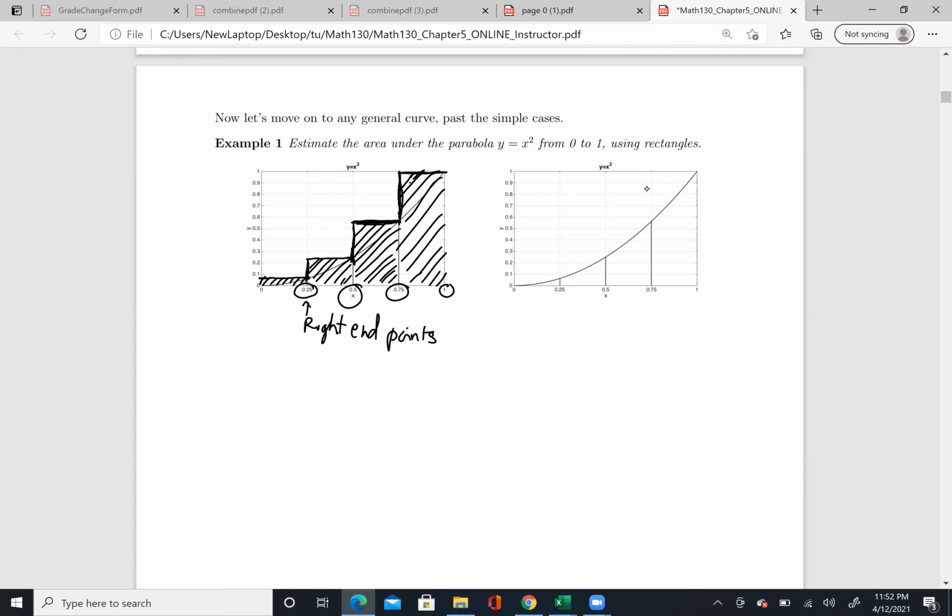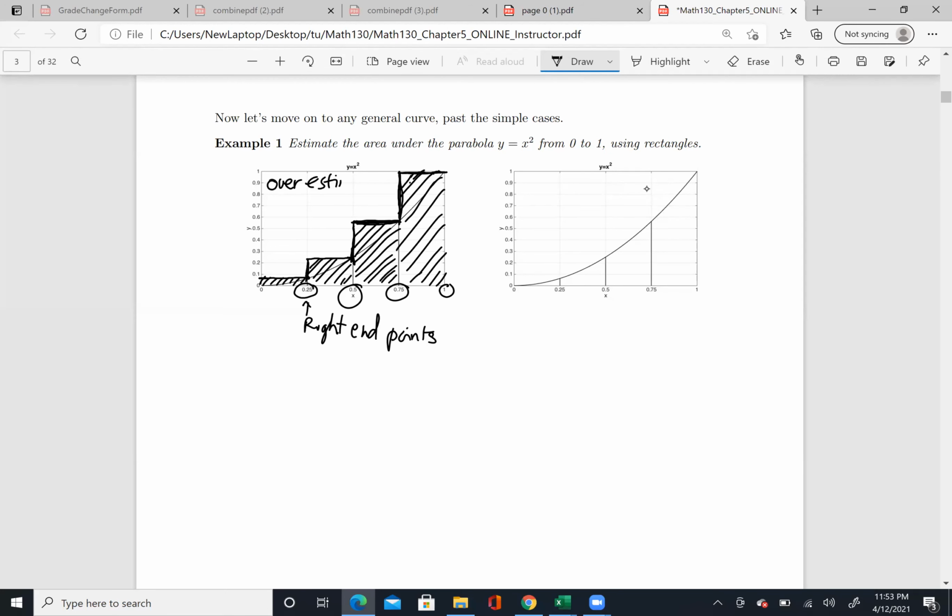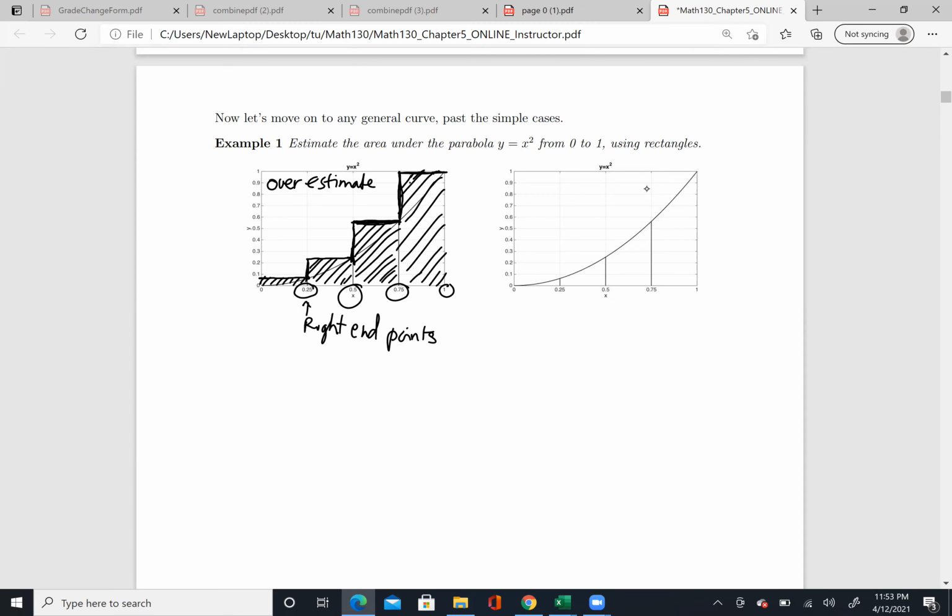But because the area in here is over the graph, we call it an overestimate. So if we use the right endpoint, we're going to get an overestimate.